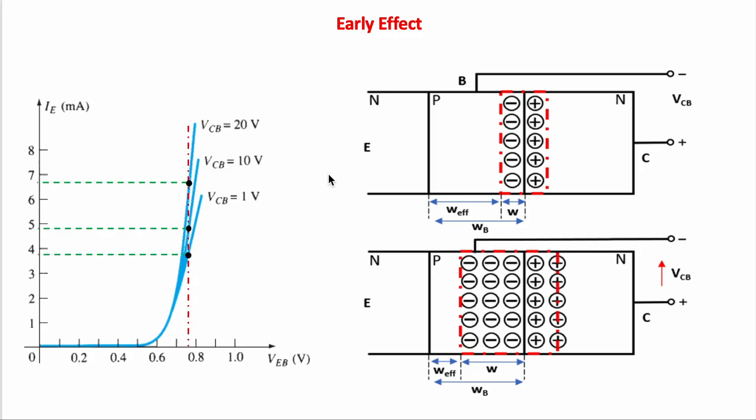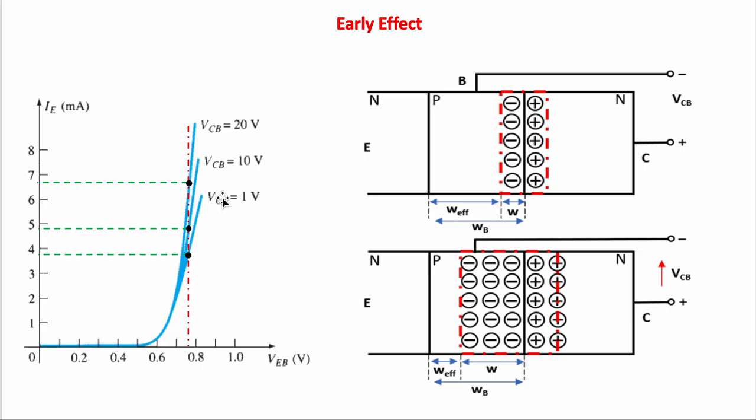Now let's look at the effect of this on input current. Here we see at an input voltage around 0.76 volt, we have around 3.8 milliamps input current for an output voltage of 1.